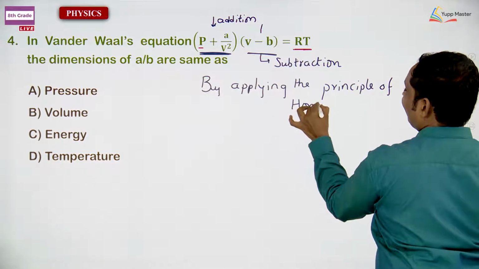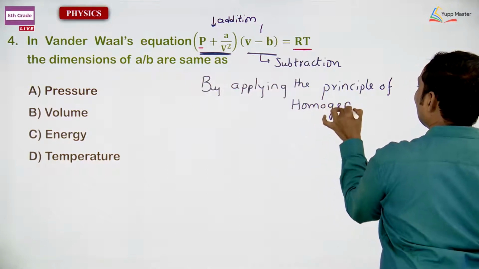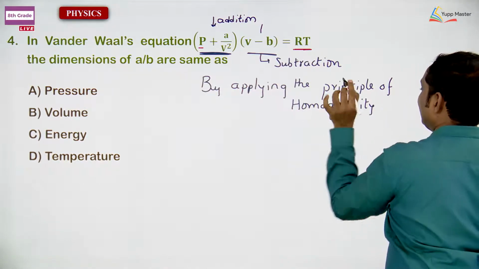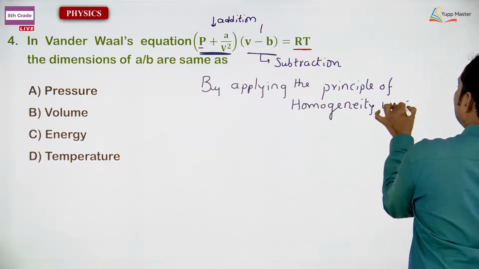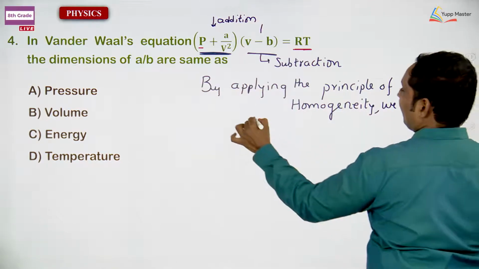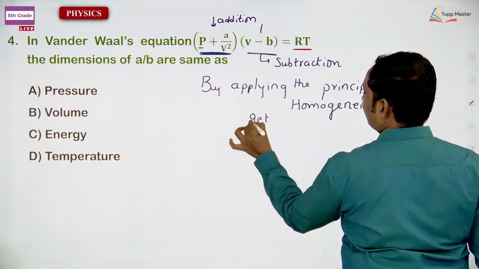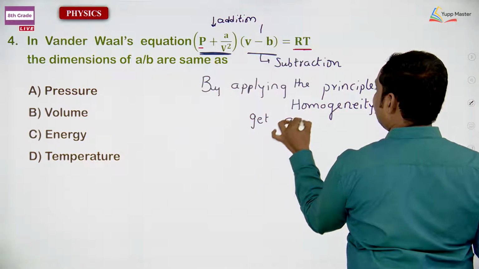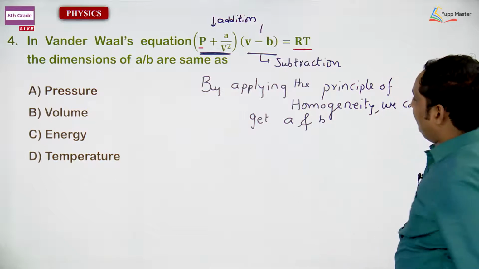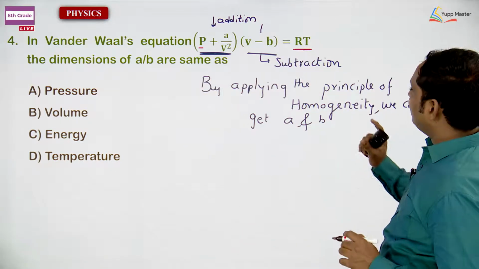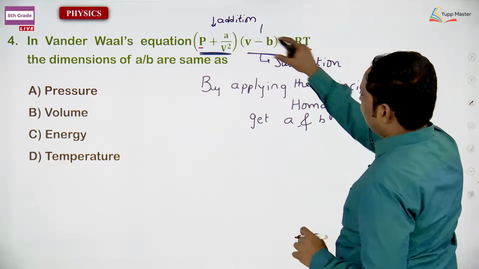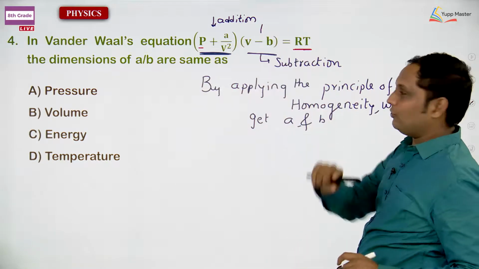Homogeneity. By applying the principle of homogeneity, we will get A and B. It is very clear. We take the individual terms and we will solve that.